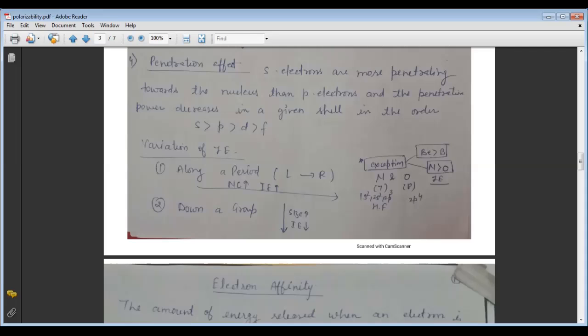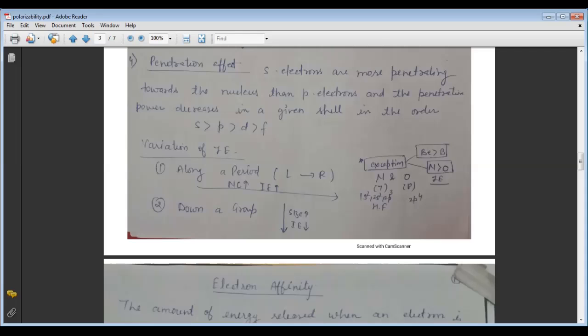In going from top to bottom in a group, the nuclear charge increases, and there is a gradual increase in atomic size due to the addition of a main shell. So we can say that the atomic size increases here and the ionization energy decreases here. So along a period it increases from left to right, and down the group it decreases from top to bottom.